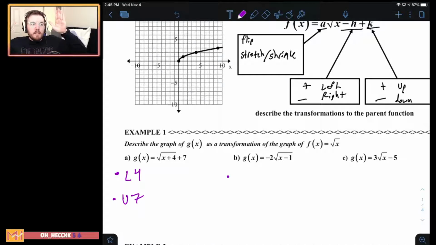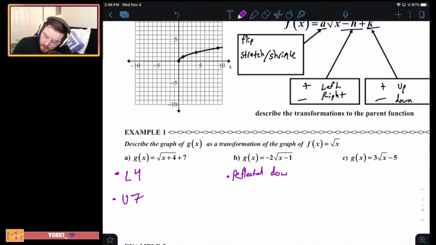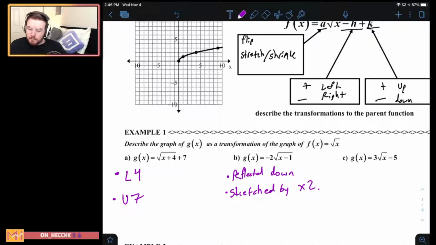It's negative, all of a sudden it flips downwards. So it's reflected downwards. And that 2, when you multiply things by 2, you're making it bigger, or in other words, you're stretching out the graph. And then that minus 1, it's under the square root, so it's the opposite of what we think. It's going right 1.